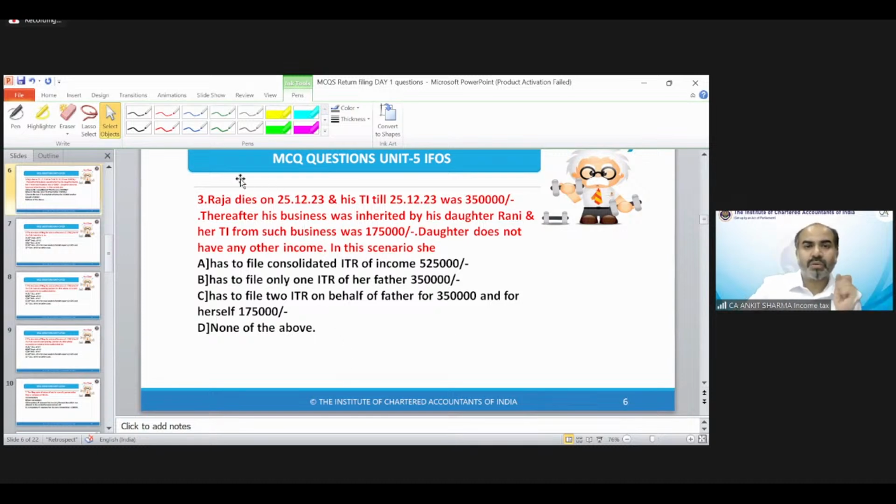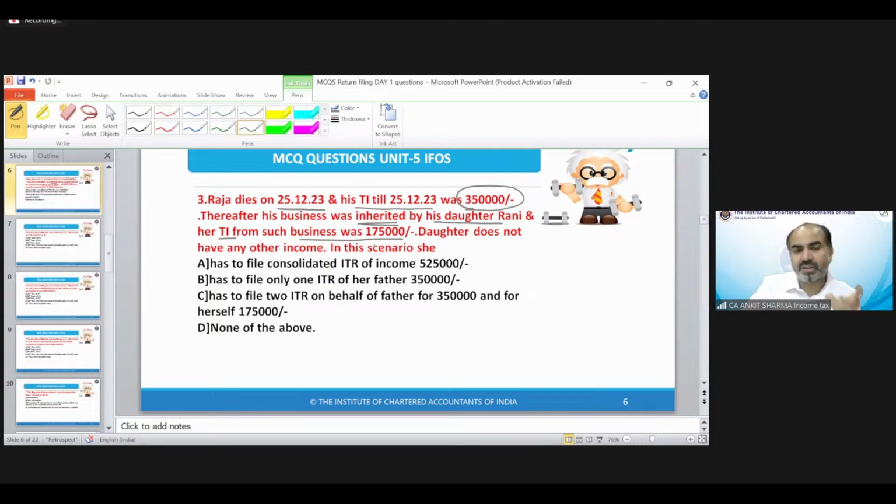Raja dies on 25th December 2023 and his total income till 25th December 2023 was 3,50,000. Thereafter, his business was inherited by his daughter Rani and her total income from such business was 1,75,000.